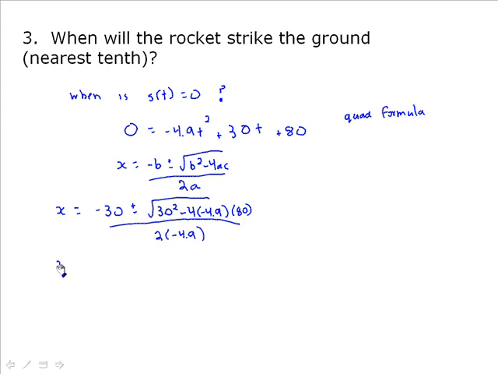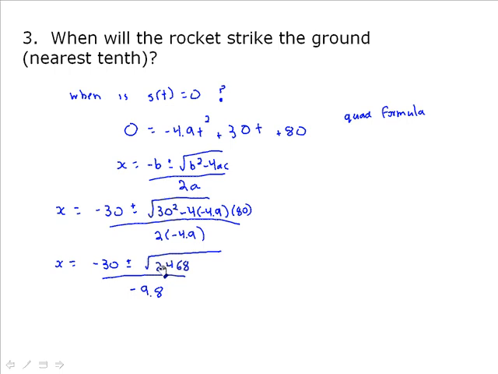So really this becomes x is equal to negative 30 plus or minus the root of 2468, and then the denominator is negative 9.8. So we go through this one, negative 30 plus the square root of 2468 is equal to this 19.97 divided by negative 9.8.